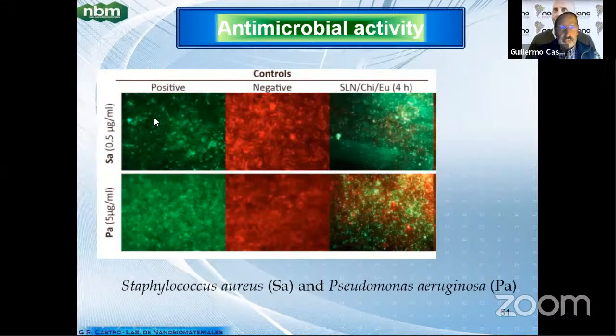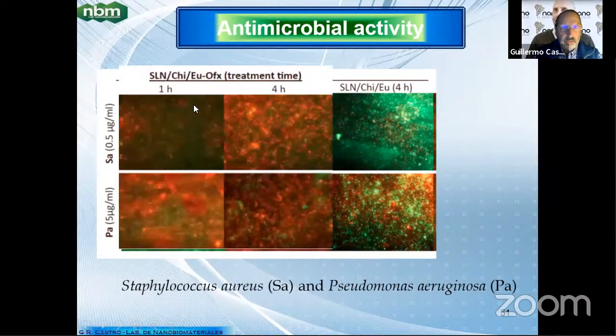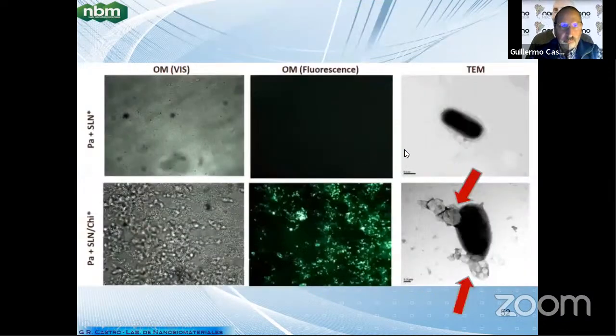When we analyze the formulation at 4 hours with positive and negative controls, meaning the cells are alive or dead, we can see this situation. This is just with eugenol without antibiotic, but when we add ofloxacin we can compare, and the difference is very high. It means the efficiency of the system with low concentration is better.